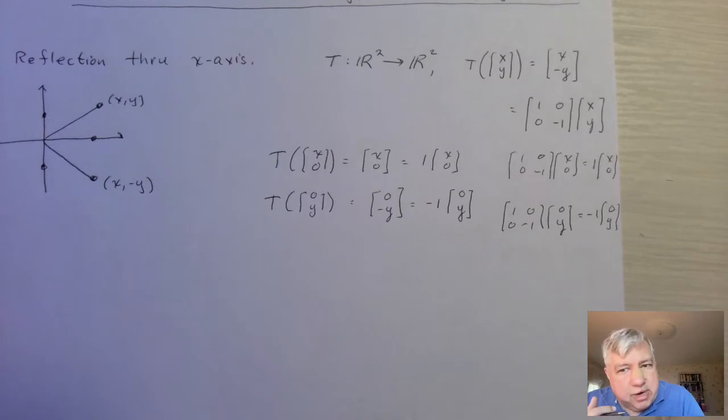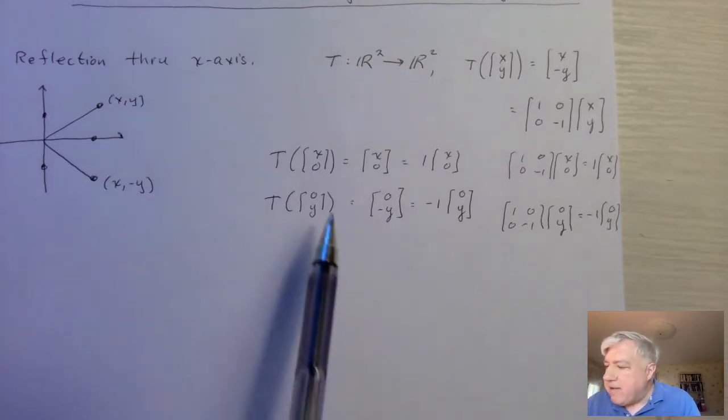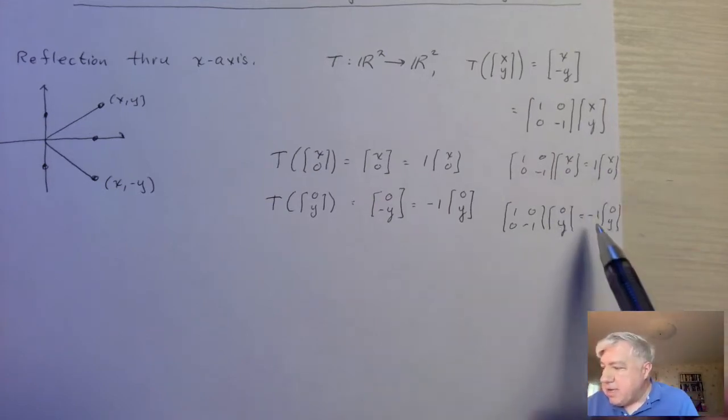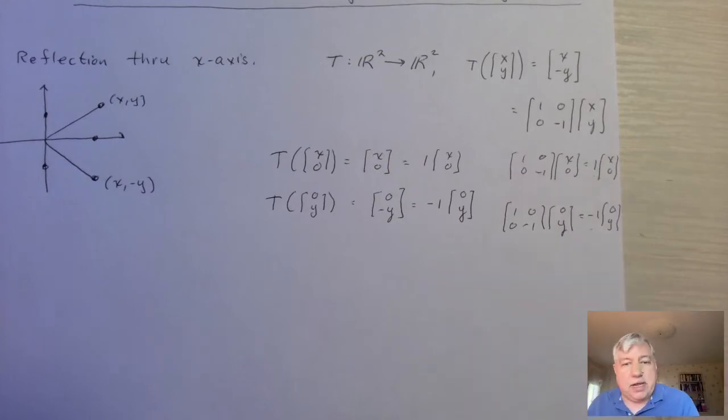Now we know most transformations don't act that way, but we will find that for certain vectors, if we just restrict the transformation or the matrix to vectors of a certain set or a certain type, it does act as multiplying those vectors by a constant, and the constants might be different, like they are in this case. In this case, it was 1. In this case, it was negative 1.